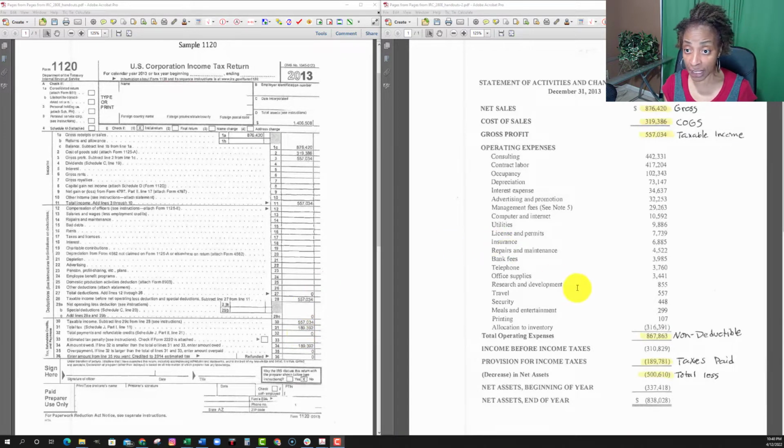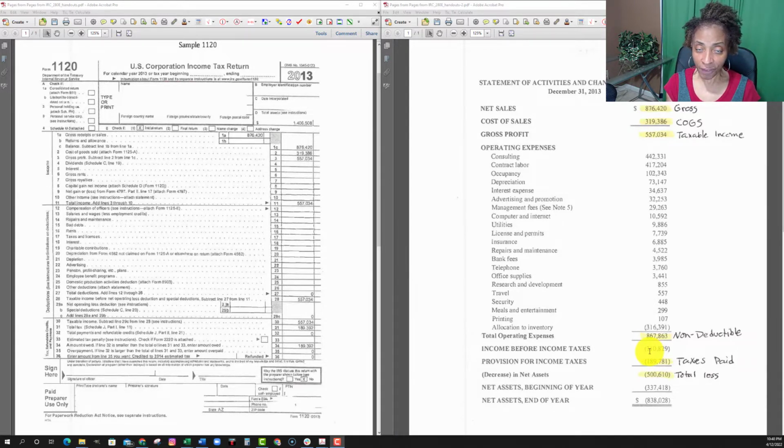But if you look over here at their profit and loss statement, they didn't make a profit. They had a loss. So in all actuality, the $557,000 that the federal tax return says the company retained in the business didn't really happen.